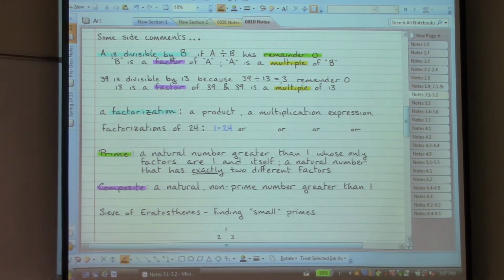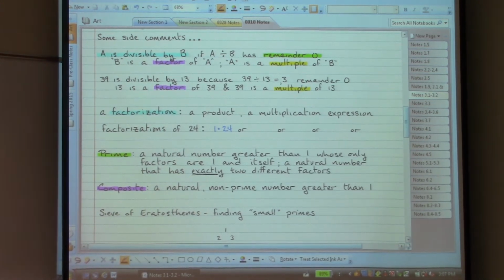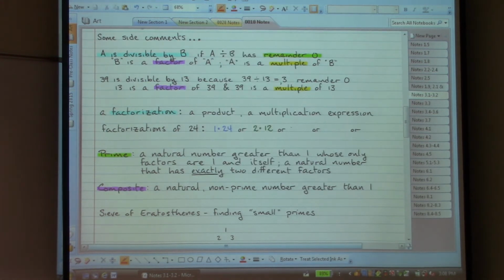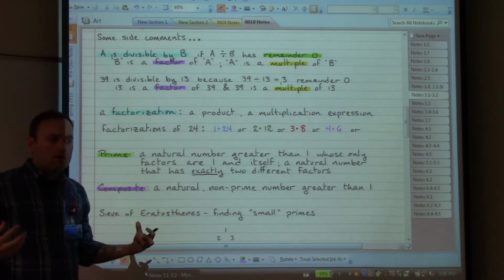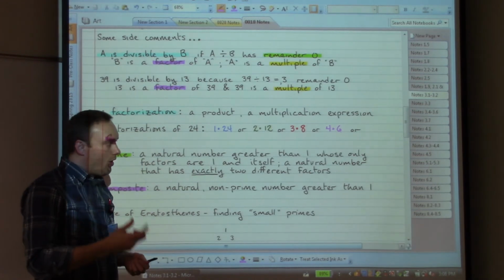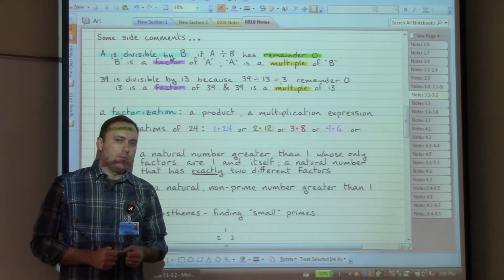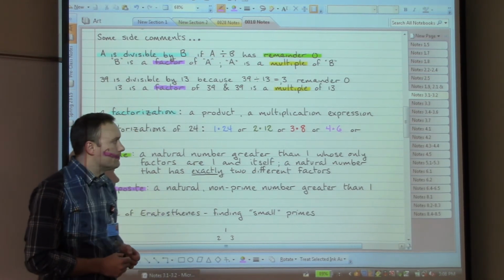I could also say that I could break that number 24 apart as 2 times 12, or 3 times 8, or 4 times 6. But there happens to be one more possibility where I would have things broken apart in a multiplication problem, and all of those individual little pieces would be the smallest possible numbers that I could come up with while still using whole numbers.